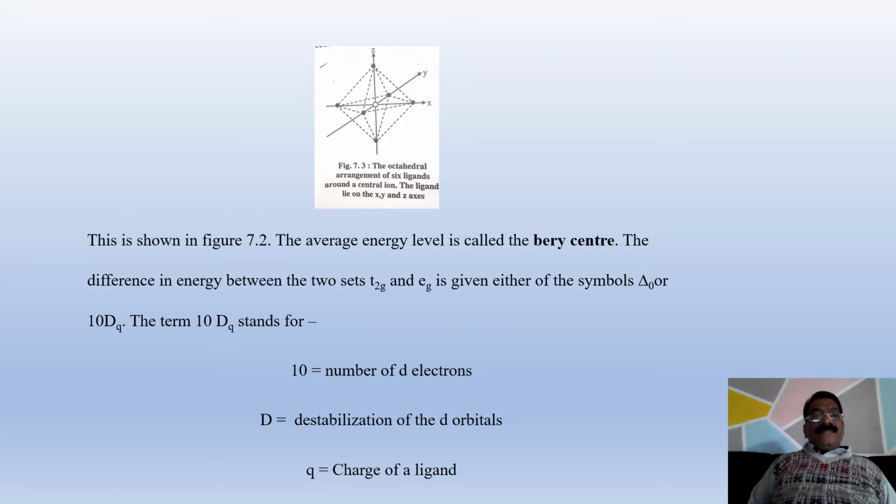The difference in energy between the two sets, t2g and eg, is given by the symbol delta O, O for octahedral, or 10 Dq. The term 10 Dq stands for: 10 is equal to the number of d electrons, D stands for destabilization of d orbital, and Q stands for charge on the ligand. Thus we can say 10 Dq or delta O in case of the octahedral field.